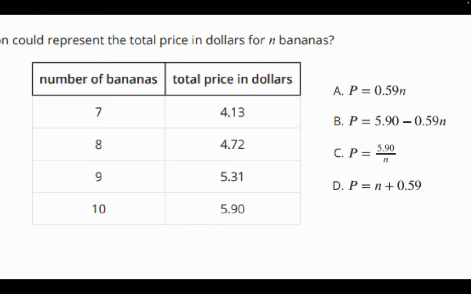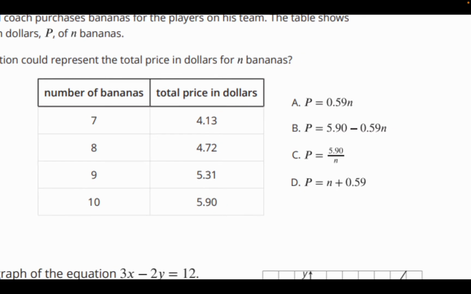Now, normally, if we're looking at number of items and price, they're saying total price. I like to think of price as a per item thing, so I might refer to this as cost. But the fact is that's a total.